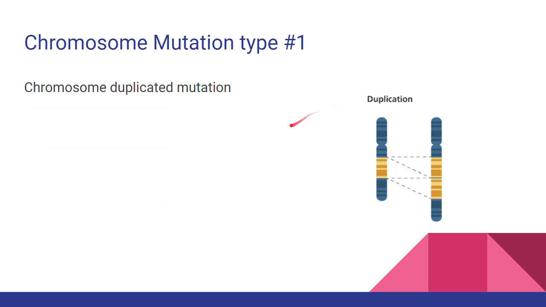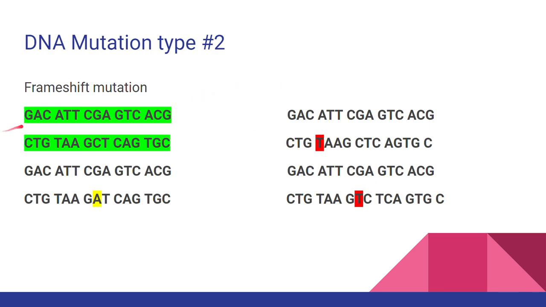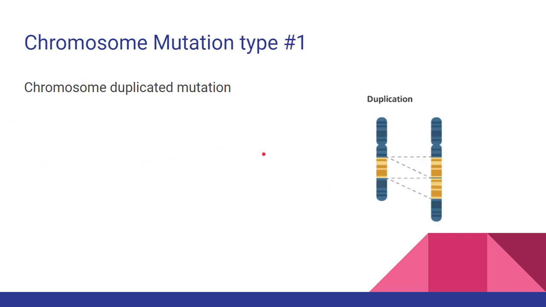So, duplication. For example, I have this sequence right over here. This is just an example, because I can't write a whole chromosome, since there are trillions and trillions of nucleic acids like this. Imagine this one is a whole set, and in this duplication one part is duplicated.